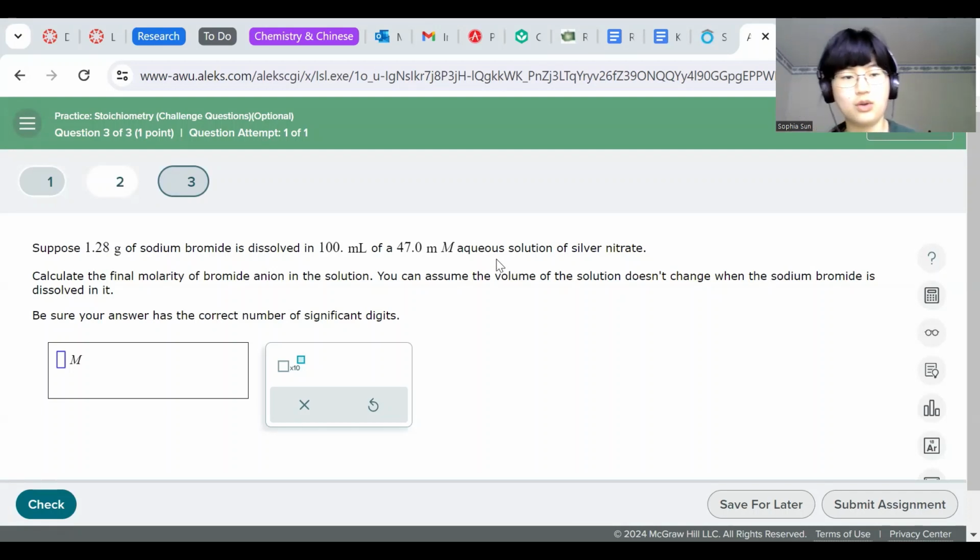How do we figure out the final molarity of a bromide anion in a solution when we know some of it is going to react with the silver cation to form a solid? So we can set up our net ionic equation this way.